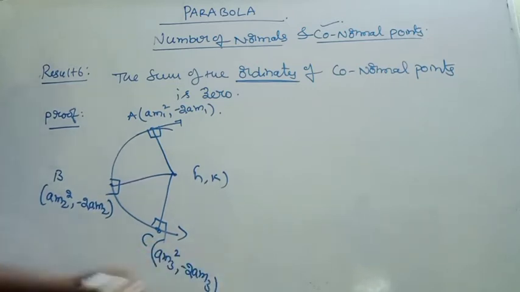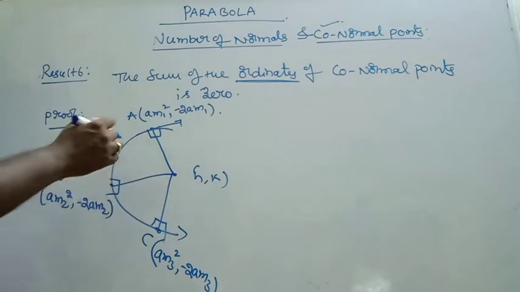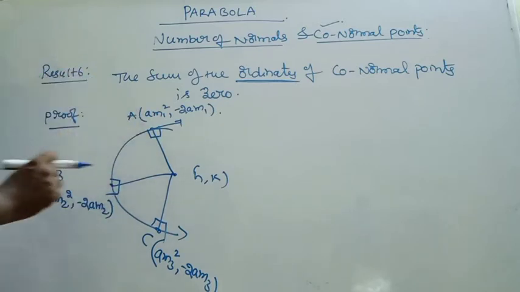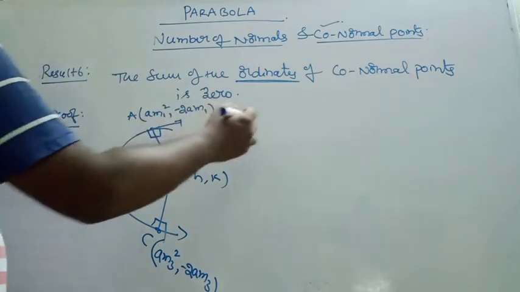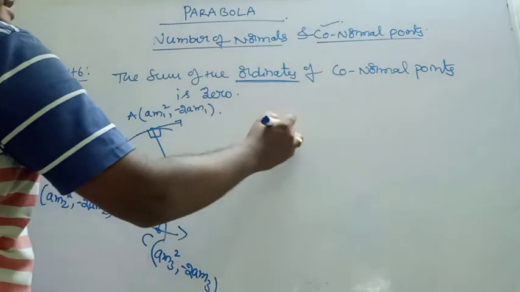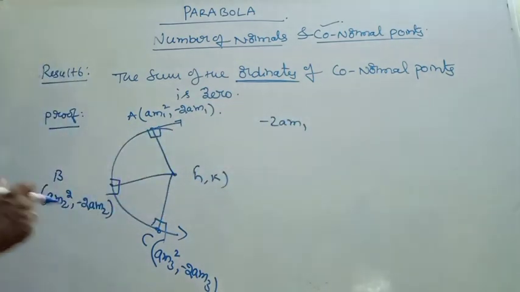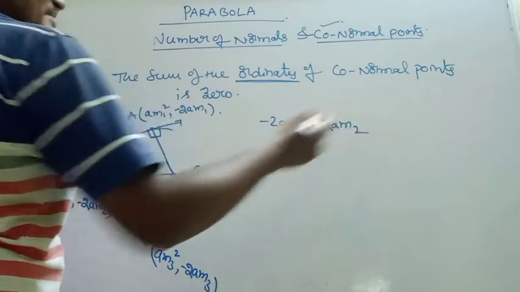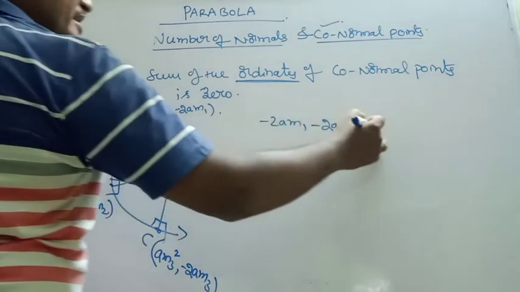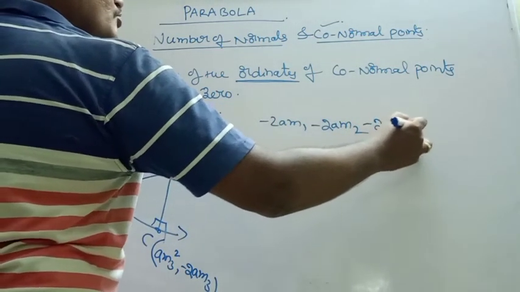These are the three feet of the normals. Now they are asking for the sum of their ordinates. The first ordinate is minus 2am1, next minus 2am2, and minus 2am3. We need to prove that their sum is 0.